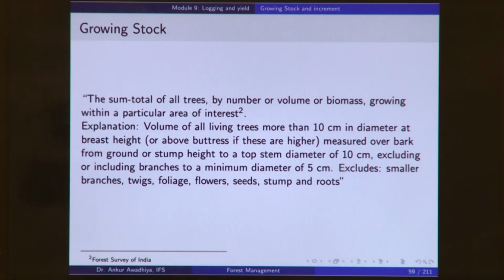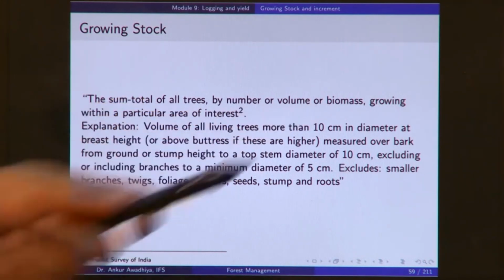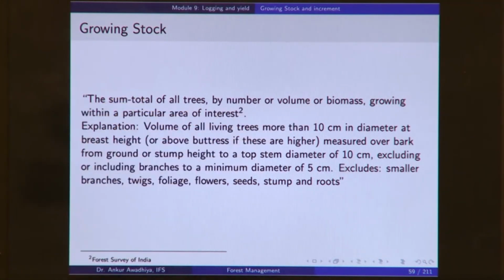So, you can say that the growing stock has, say, 1500 trees, or you can do this computation in terms of volume by saying that the growing stock is, say, 100 cubic meters in volume, or you can do it in terms of biomass, in which case you will say that this growing stock is, say, 75 tons of carbon.